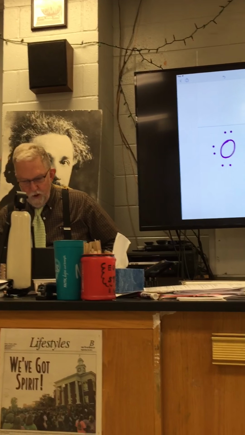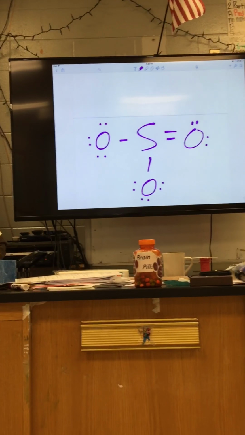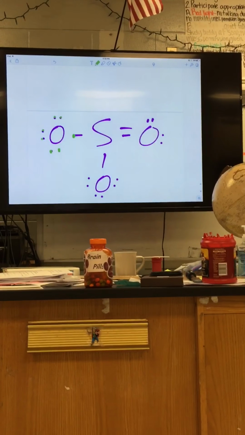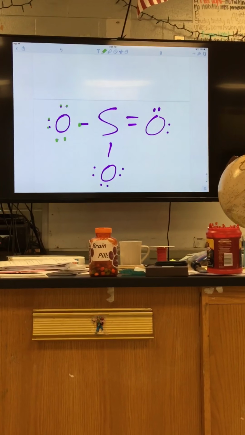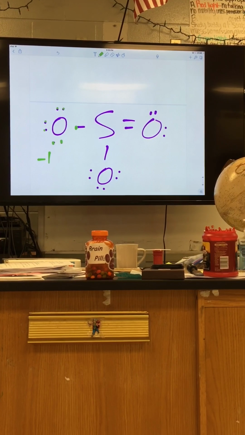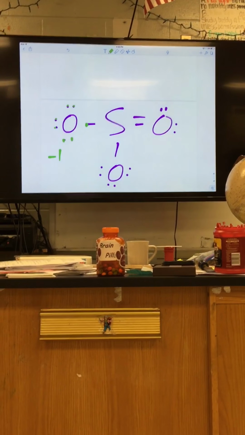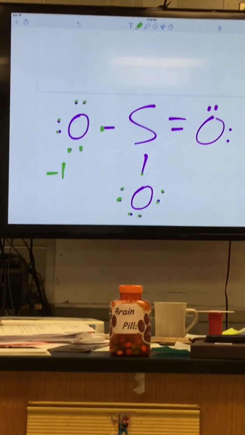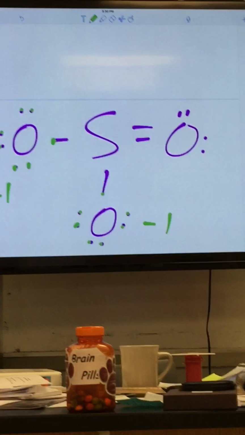So now, what's up with this? We're going to use green. We have 1, 2, 3, 4, 5, 6, 7 electrons in the outer shell of oxygen, which it's only supposed to have 6. So that gives us a -1 charge there. We look over on this one, we have the same thing. 1, 2, 3, 4, 5, 6, 7, which is a -1 on that.